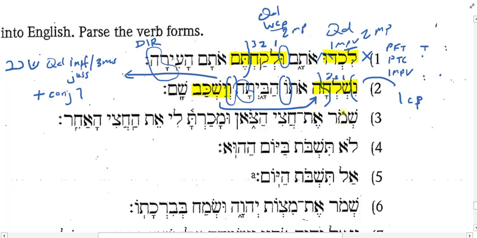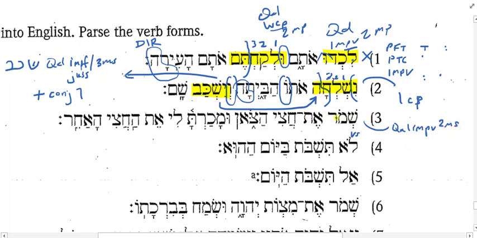Okay. So shmor. Shmor. Sounds like something great to have around a campfire. Shmores. Okay. So look at that. I have a vocal shava followed by a holum for root 2. What's that look like? That's definitely looking like a cal imperative, right? With no ending, it's 2ms.